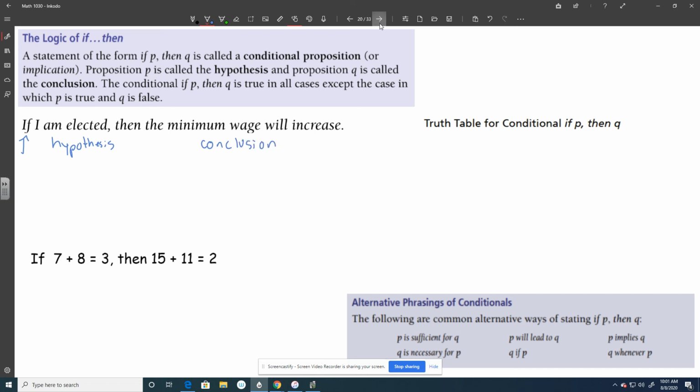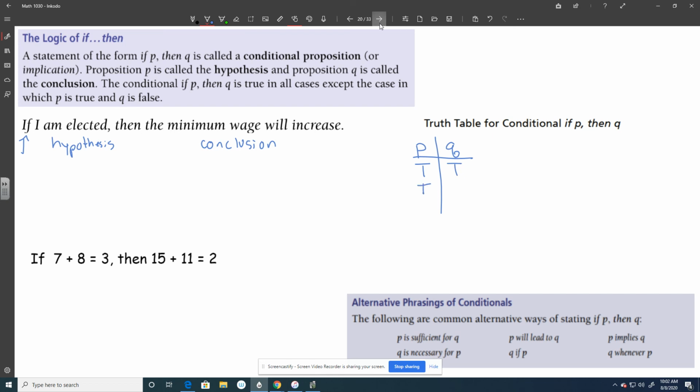And we can make a truth table for this one as well. So let's make a truth table for if P happens, then Q happens. We'll start with P and Q. So if I am elected, that could be true, and the minimum wage could increase. Those two are true.